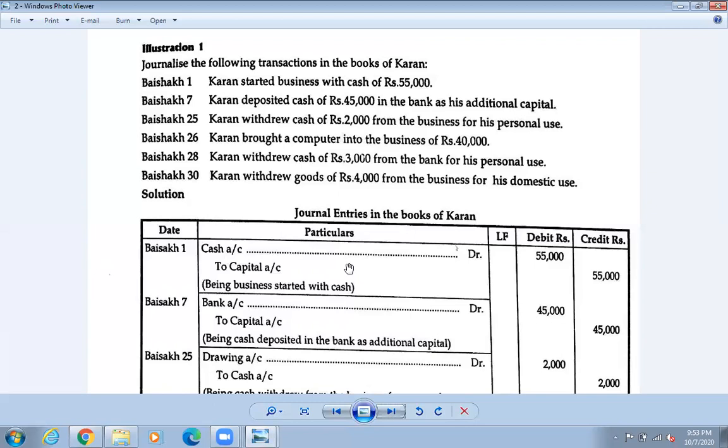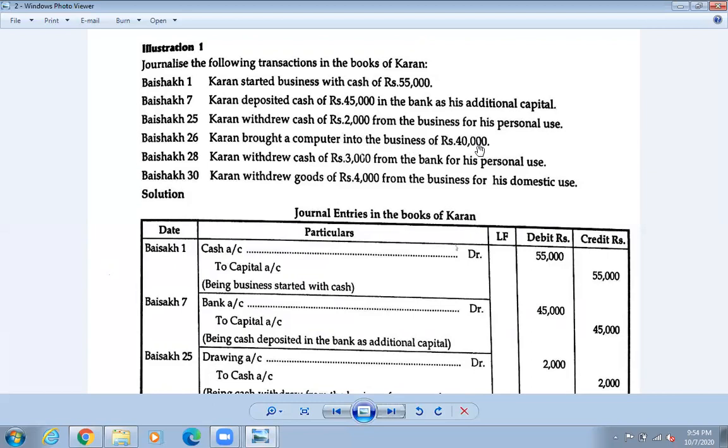That is the capital. What do we call it? Capital. So Karan bought a computer into business of rupees 40,000. So what is coming into the business? A computer is coming in. That means computer is debit. Okay, so computer is debit, and what is credit?